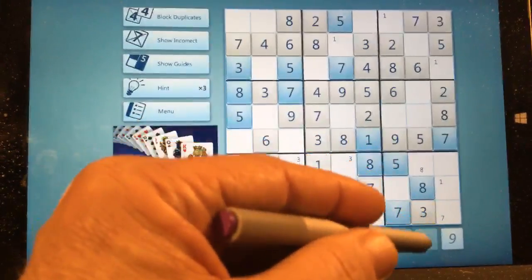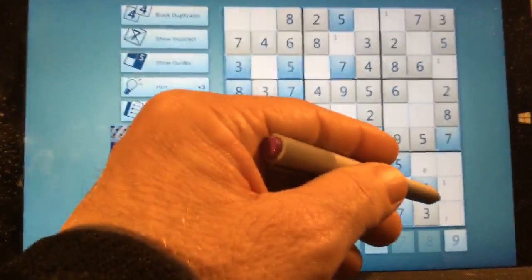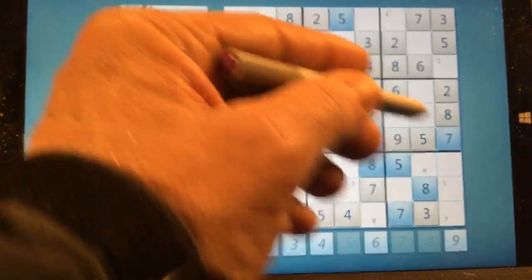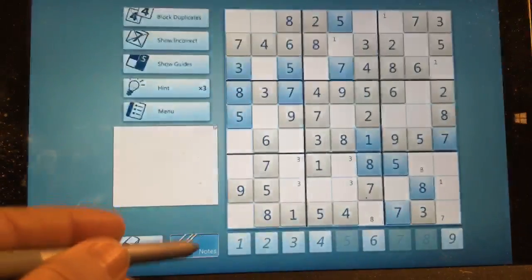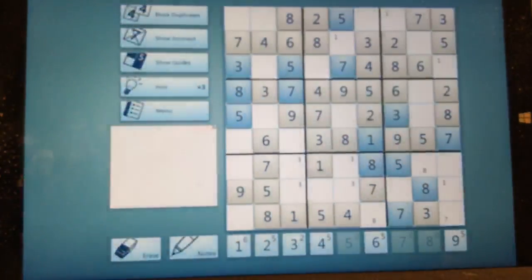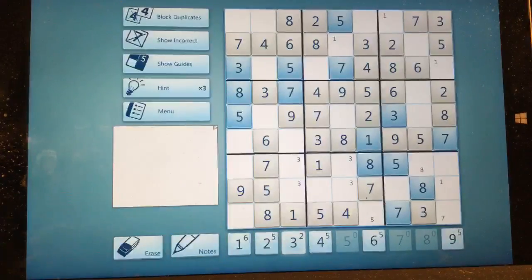No, it has not. So right-hand column of 3 boxes, 3's on the right, there is no 3 here, 3's in the middle. Therefore, the only place 3 can be is right here. This doesn't help us with regard to this, so we're left with 2 3's remaining.